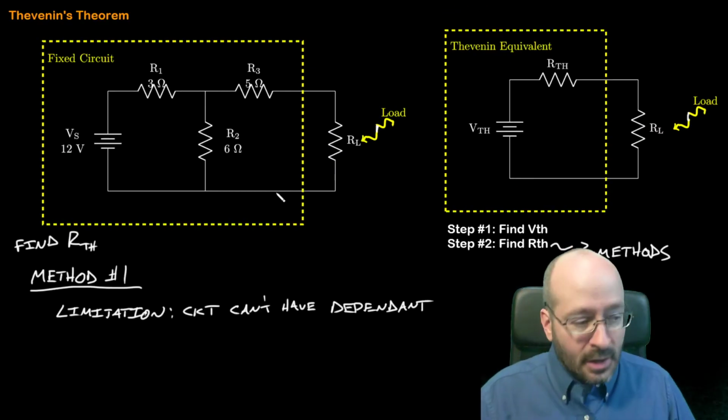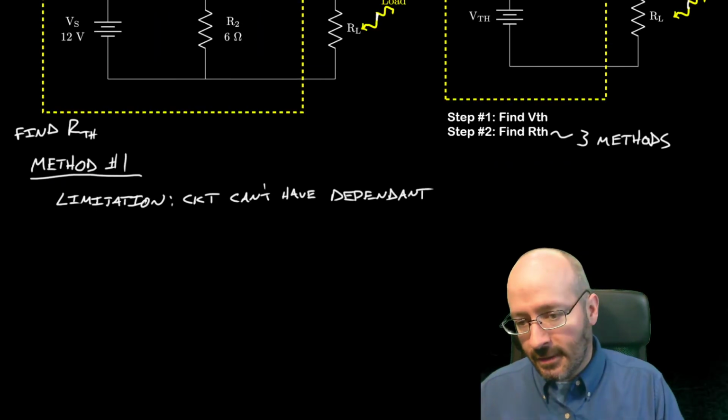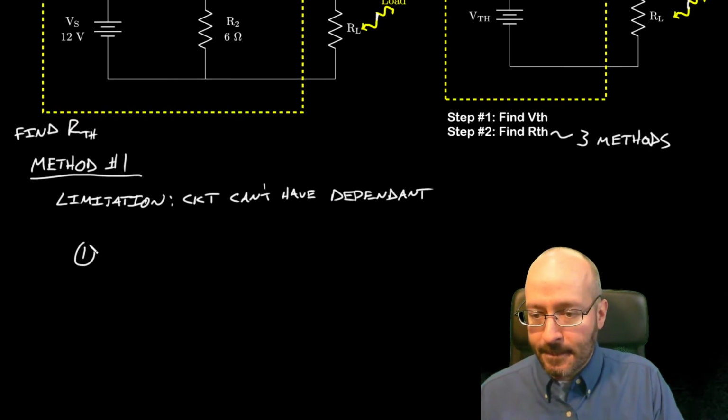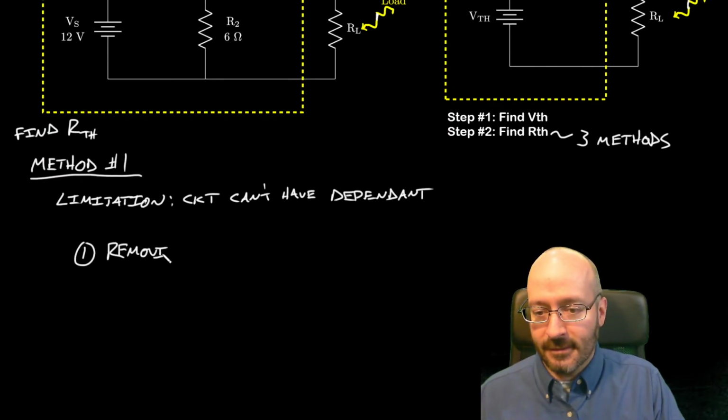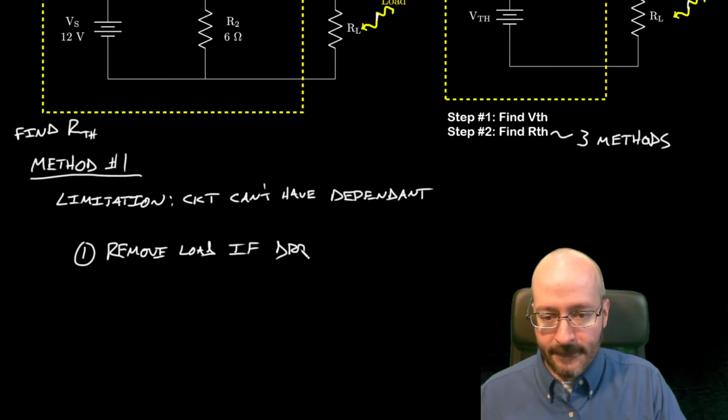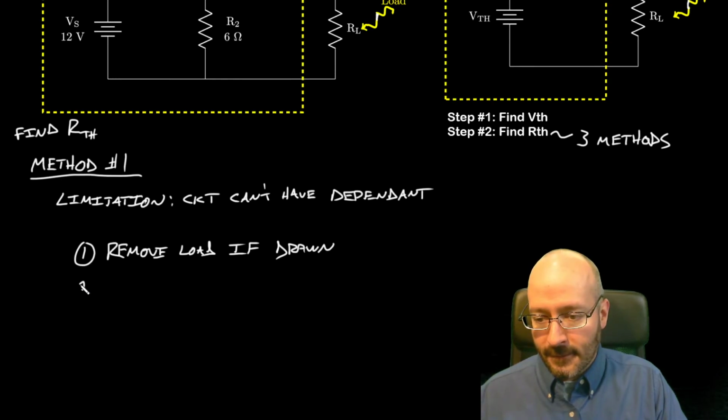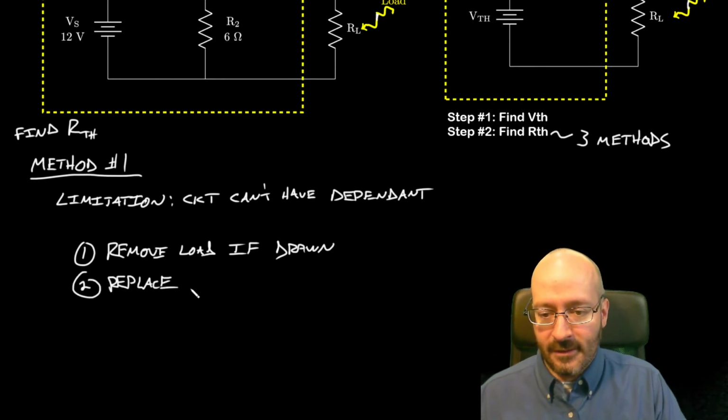Okay. So to do this, we start by removing the load if it's drawn. Okay. And then we replace all independent supplies.